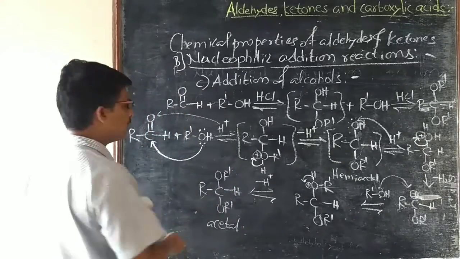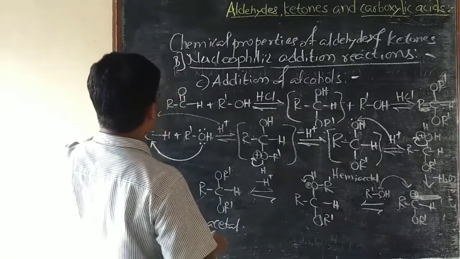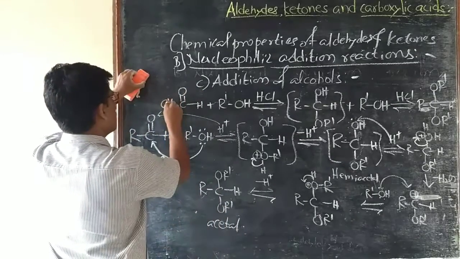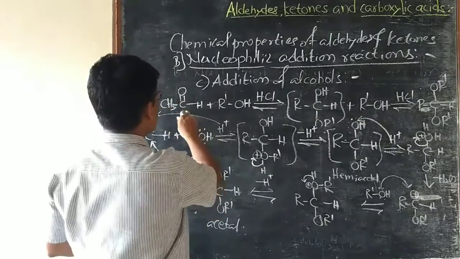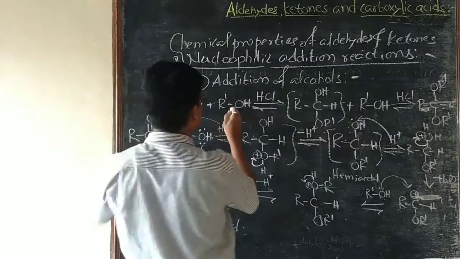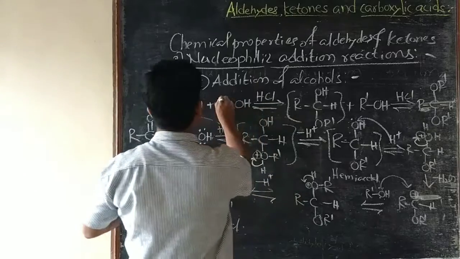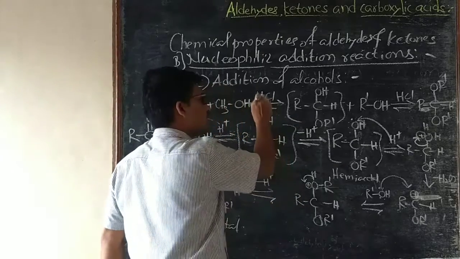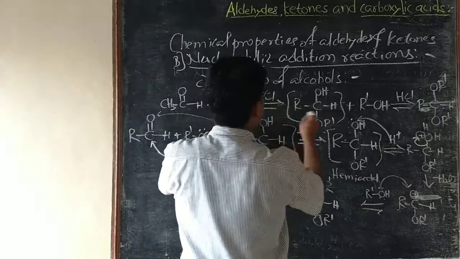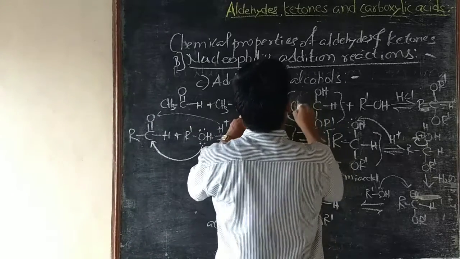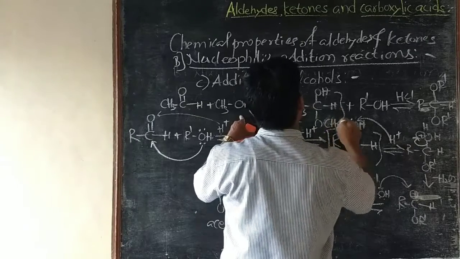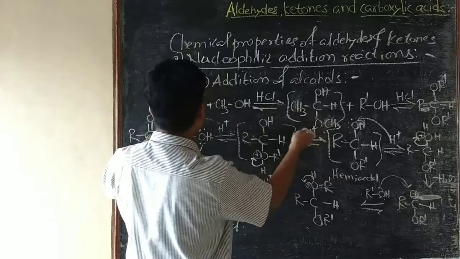For example, this is acetaldehyde. Acetaldehyde reacts with methyl alcohol in presence of dry hydrogen chloride to form its hemiacetal.